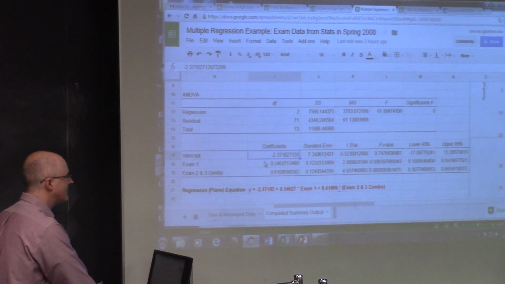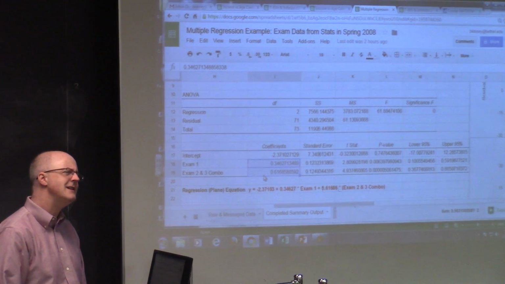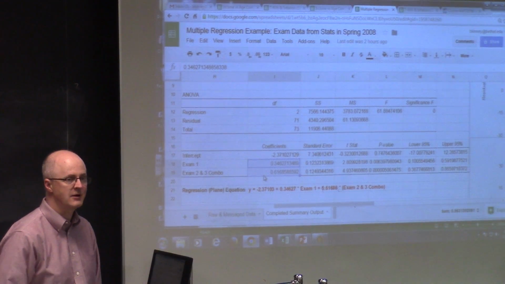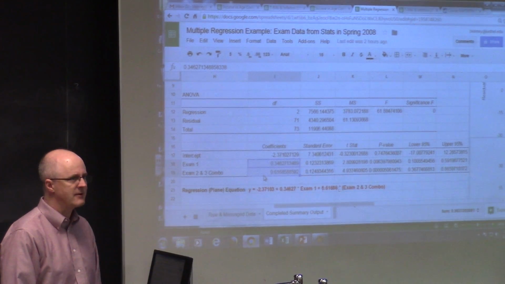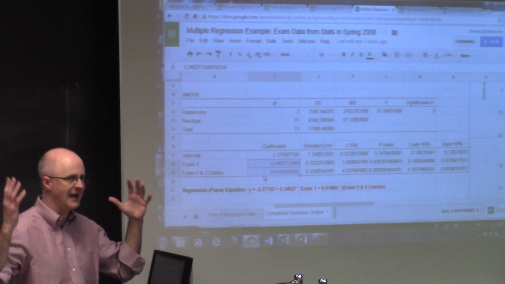That's an intercept. These are both slopes. Well, yeah, in a higher dimensional sense, they're both slopes. I'm going to show you the higher dimensional picture here in a second. It's probably better to think of them as rates of change, if you have too many dimensions and you can't imagine it.